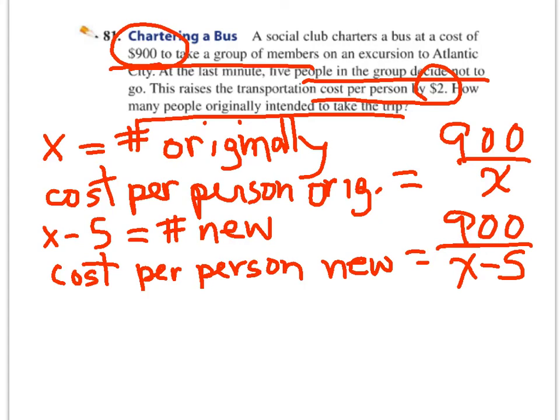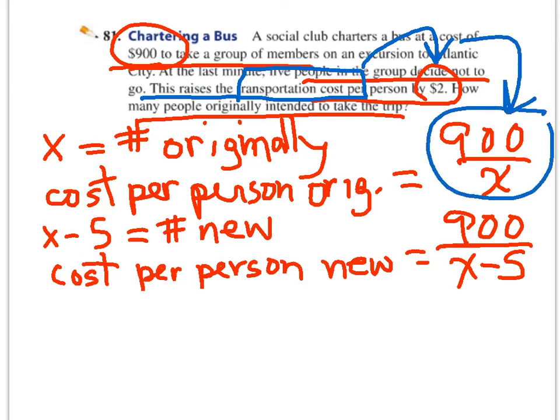We still don't have an equation, but we can get one now because we read the problem again and see that when the 5 people dropped out, it raised the original transportation cost per person by $2. The original cost was 900 over x, and once the 5 people dropped out, that number is raised by $2.